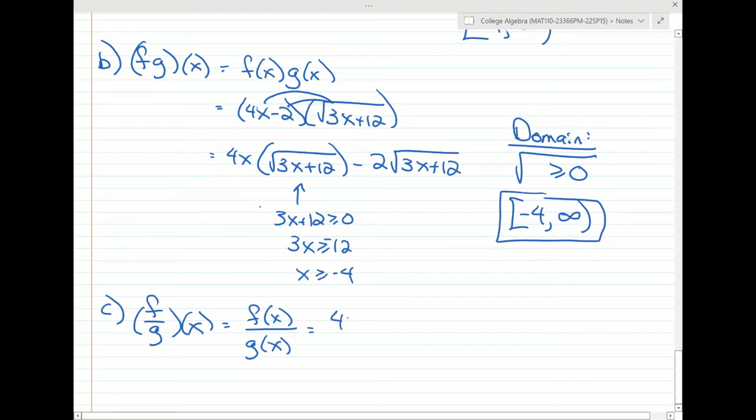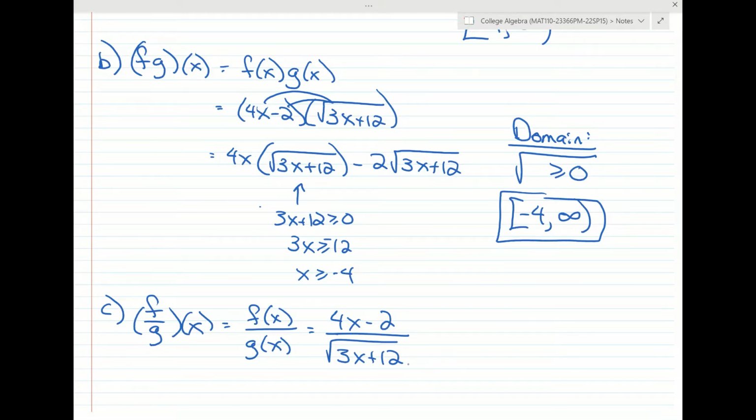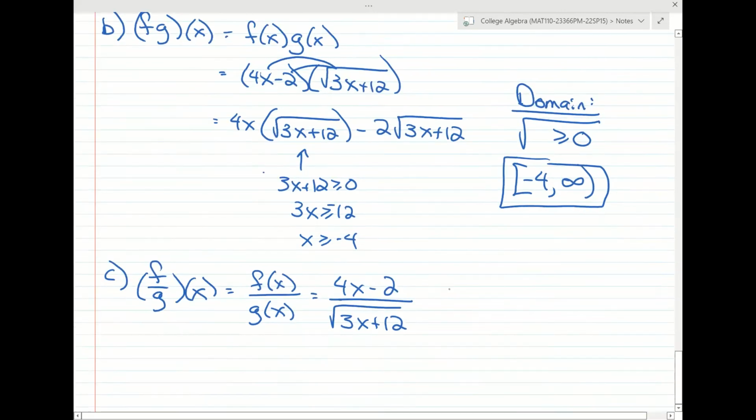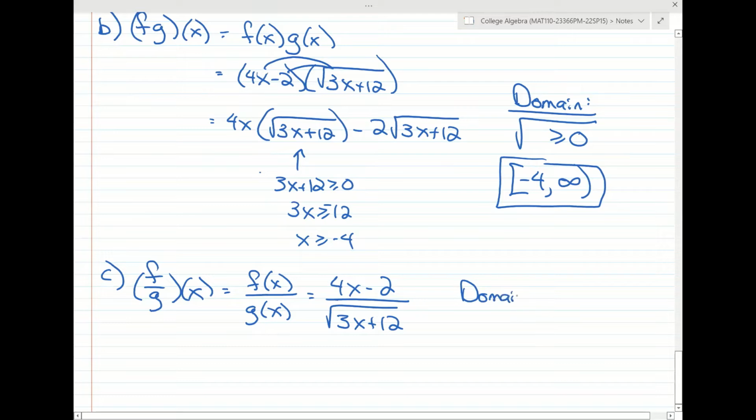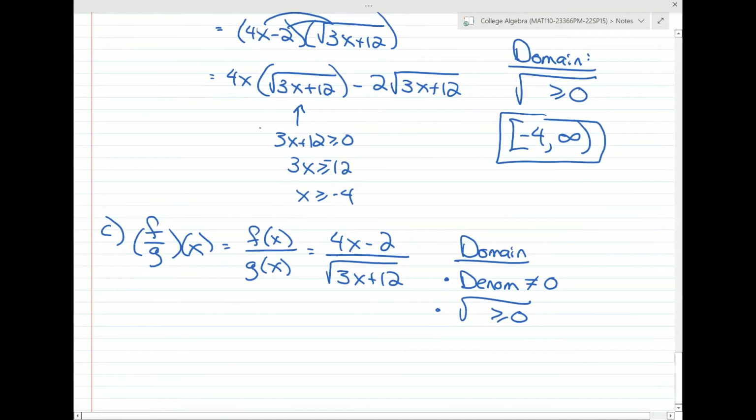F of x was 4x minus 2, and g of x was the square root of 3x plus 12. Nothing really to simplify here, but it is going to be a little different because when we're finding the domain, the denominator can't be 0. That's one thing. The second thing is if you have a radical, the inside has to be greater than or equal to 0.